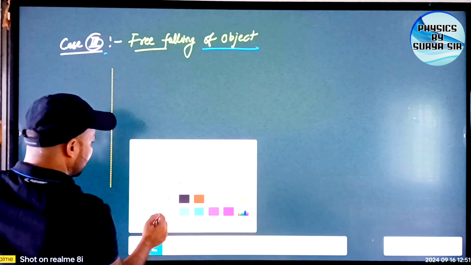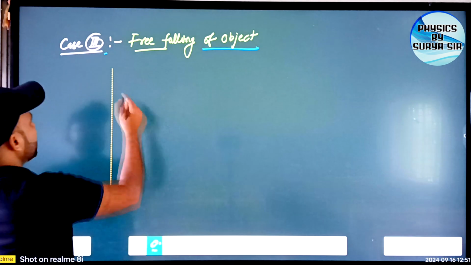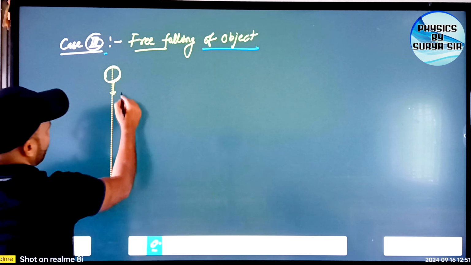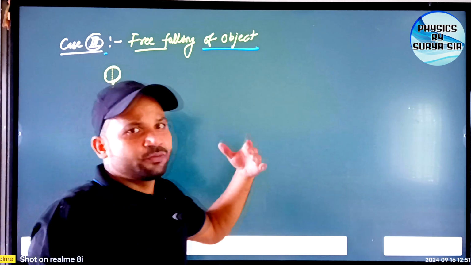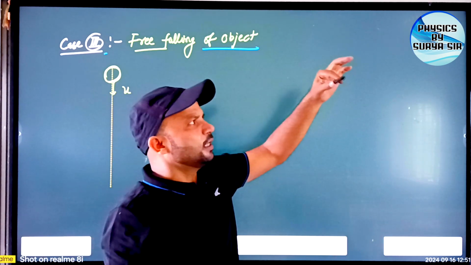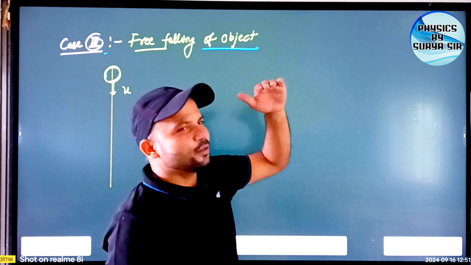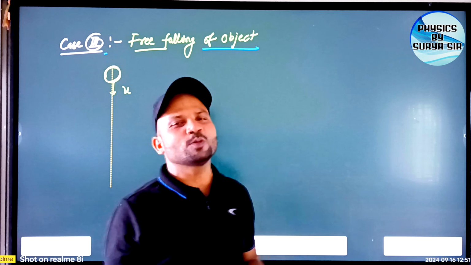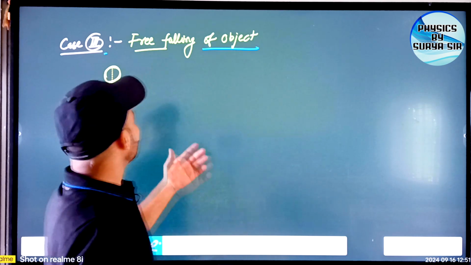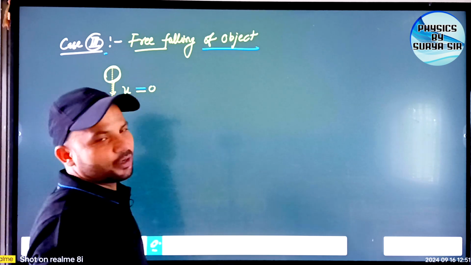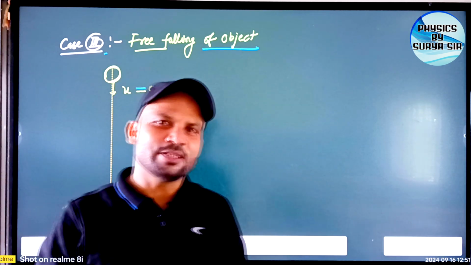The object is falling downward, but in the previous case we assumed that the object has some initial velocity U. But in free falling, the object is just here and we are releasing it, so we are not providing any initial velocity. Clear? So its initial velocity will be zero.